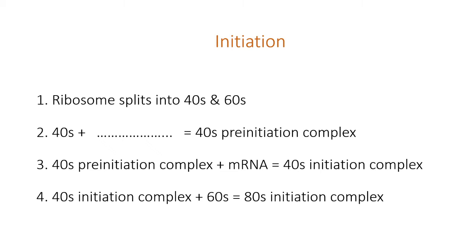Number 2, the 40S combines with methionine tRNA, GTP, eukaryotic initiation factor 2, forming, that is 40S plus met tRNA, GTP and EIF2 together form pre-initiation complex. This 40S pre-initiation complex along with mRNA forms 40S initiation complex.